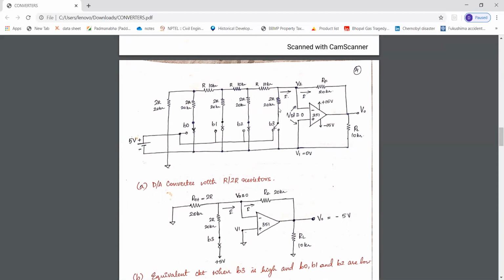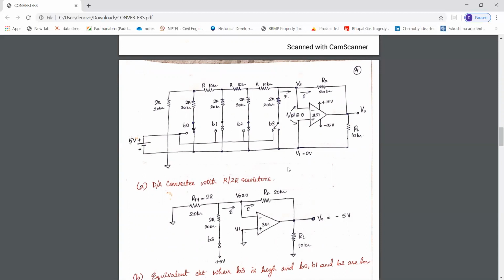You can see the 2R resistors are connected in parallel, so this part looks like a ladder. So this configuration is also called ladder type or 2R DAC. So this is the configuration of the DAC converter with R and 2R resistors.